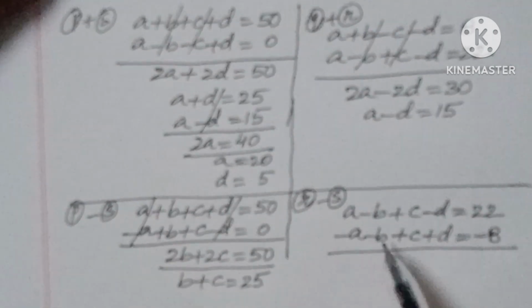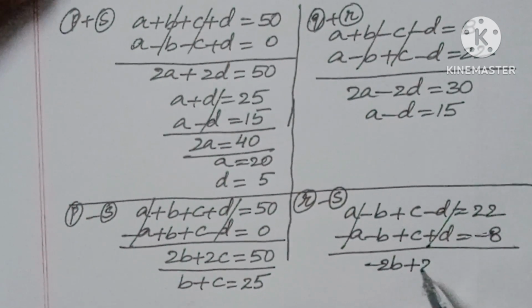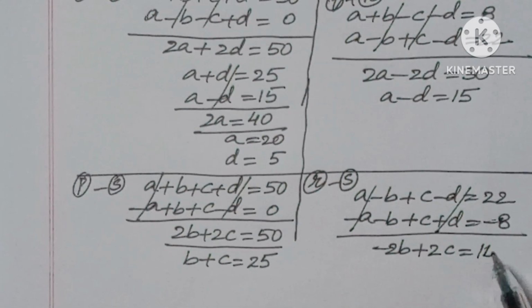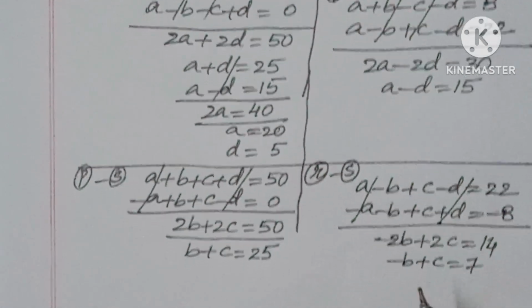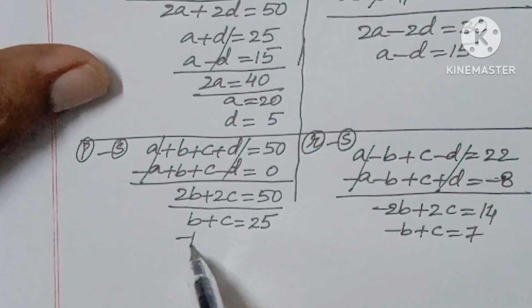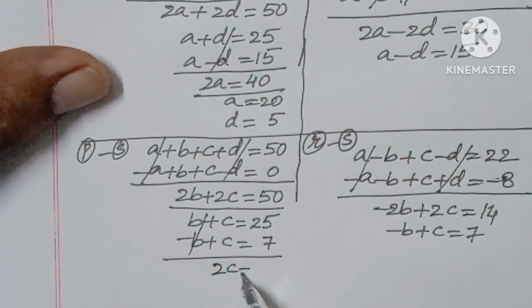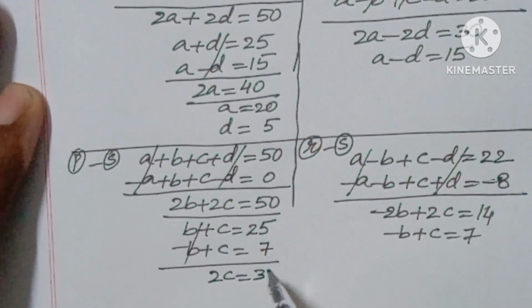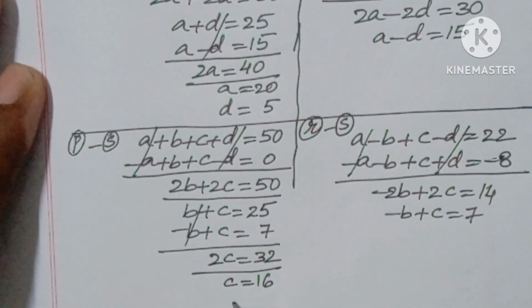So here what will we get? a gets cancelled, d, d get cancelled, minus 2b plus 2c is equal to 14. Minus b plus c is equal to 7. Now here minus b plus c is equal to 7, so 2c is equal to 32. c is equal to 16. If c is equal to 16, b value is 9.